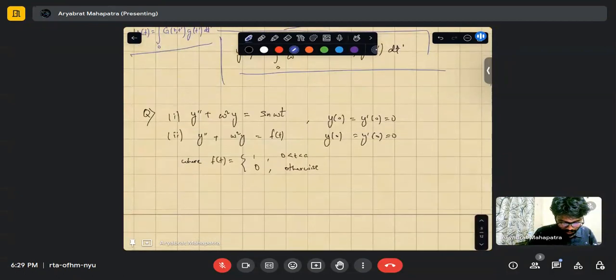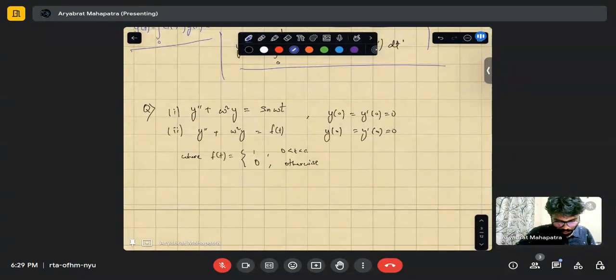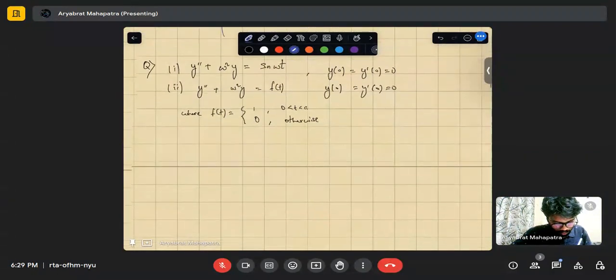So suppose you have this first question right here. This is the same as what we have just discussed. In this case, in the first part of your question, this f of t is sine omega t, and everything else is the same, your initial conditions.